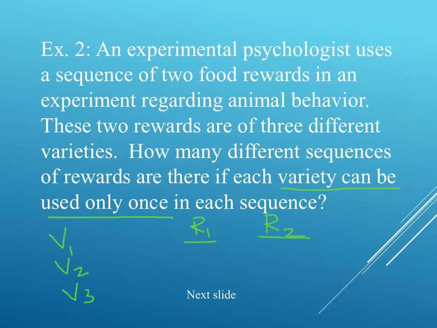So, reward 1. If I start with variety 1, then I'm either going to get variety 2 or variety 3 for the second reward. If I start with variety 2, I'm going to get 1 or 3 for the second reward.